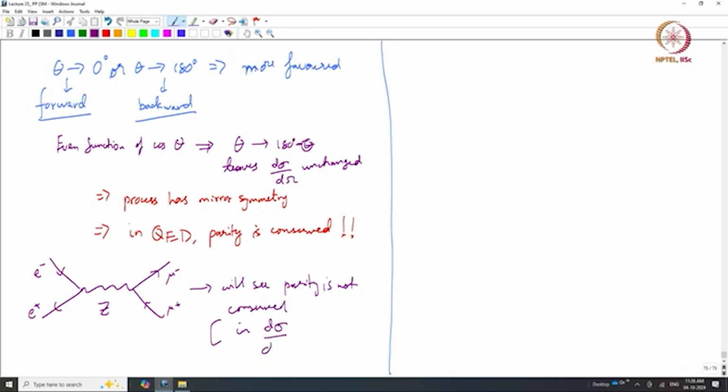Even in your d sigma over d omega, you are going to see this, and this turned out to be very historically important, and that is just what we are going to take up in the next lecture.